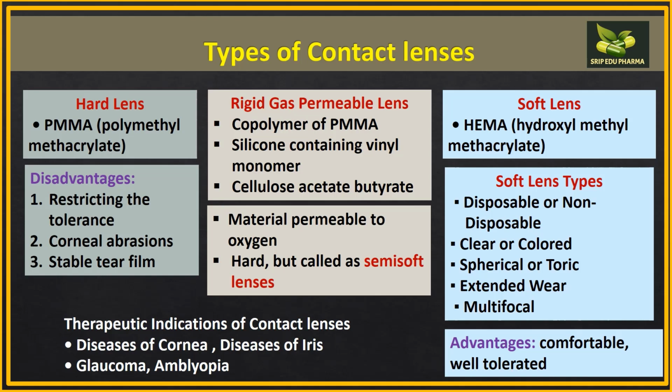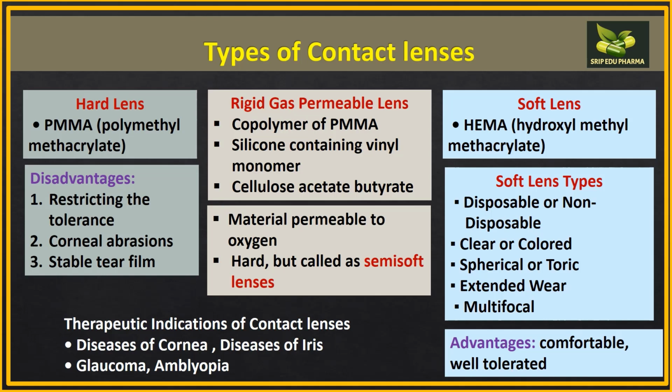But when we see the second one, that is semi-soft lenses, then it is made up of materials which are permeable to oxygen. But the best one is soft lenses, as they are of various types available, like disposable or non-disposable, clear or colored, spherical or toric, extended wear and multifocal.